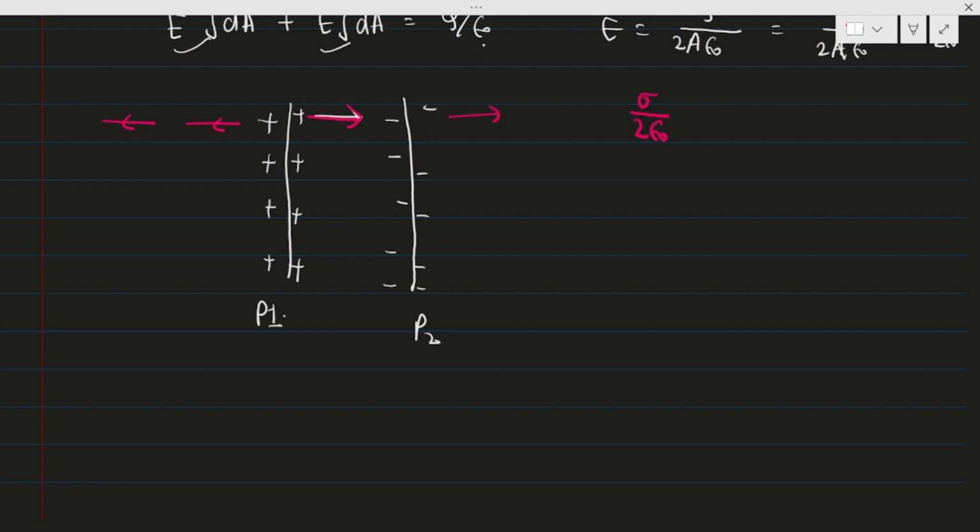For the negative plate, the field due to a positive charge points away, but for the negative charge it points toward the plate, like this.